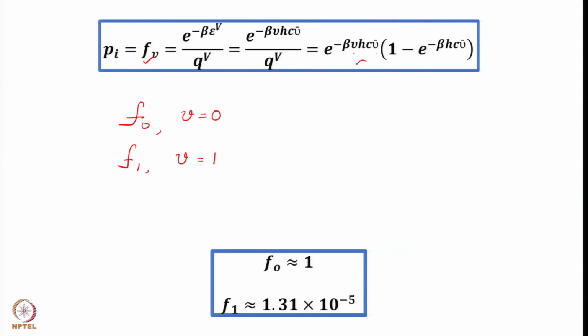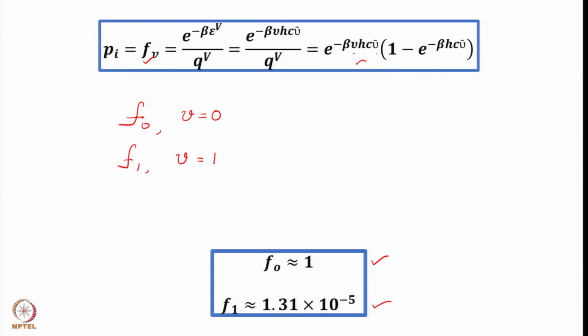Beta is 1 over kT, and h is Planck's constant. Substitute those numbers. You will find that the fractional population of the ground state is nearly 1, and for the first excited state the fractional population is 1.31 times 10 raised to the power minus 5.